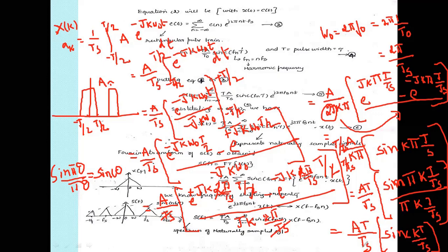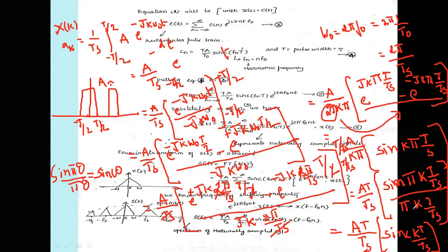We got the A T by Ts. See here, A T by T naught. What is the T naught here? The Ts. We already substituted T naught is equal to, here the 1 by T naught is replaced as 1 by Ts. T into A by Ts, sinc function of Fn into T. What is the Fn here?